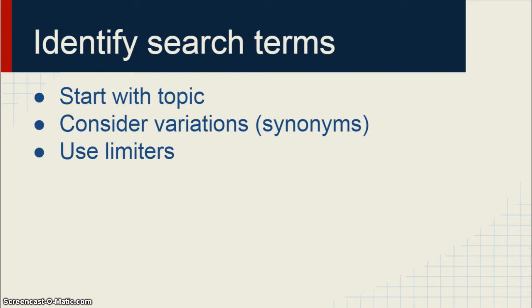And then use limiters. In Ms. Farmer's video, she talks about, or demonstrates, how to limit the years on the database search. You want scholarly articles that have been published within the last 10 years. There is a definite shelf life to scholarship. Now, there's an exception to this rule.